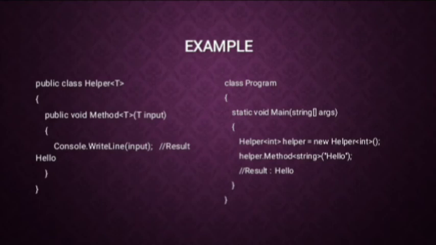Here I have mentioned string because in that method I wrote Console.WriteLine of input, and the input is hello, which is a string. So we have helper.Method of string hello, and then the result will produce hello. That's it. This is a generic class.